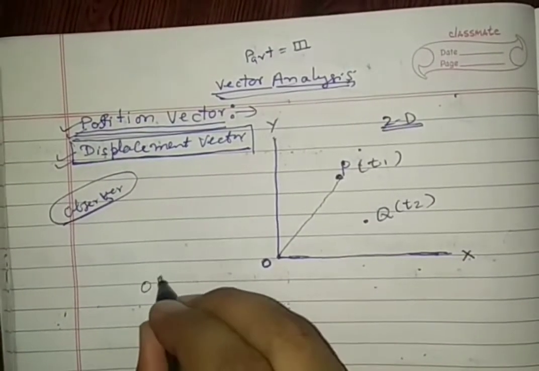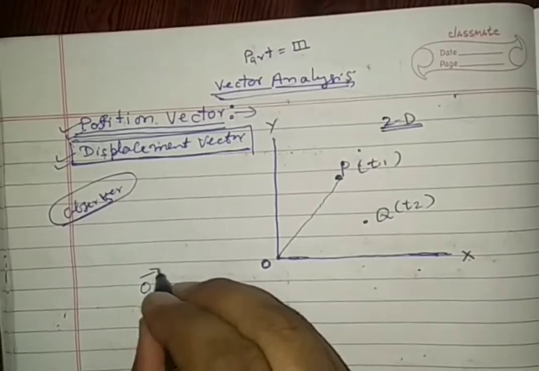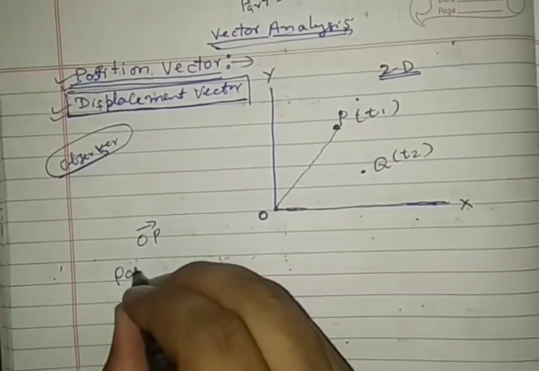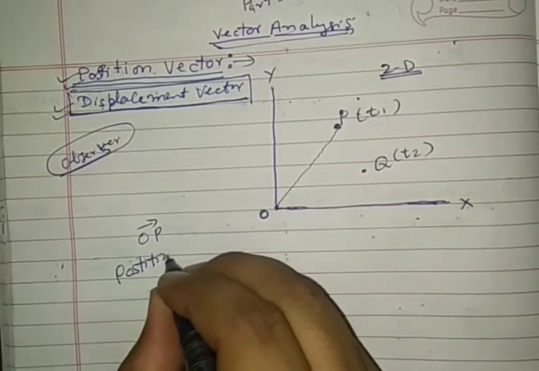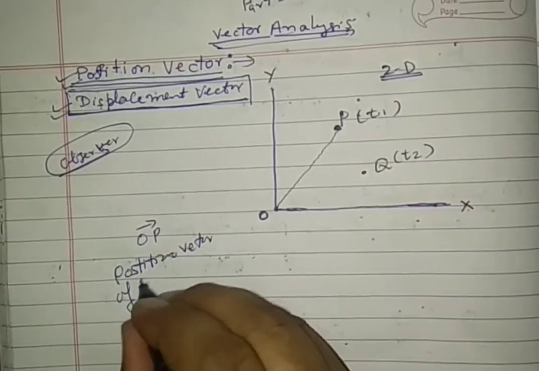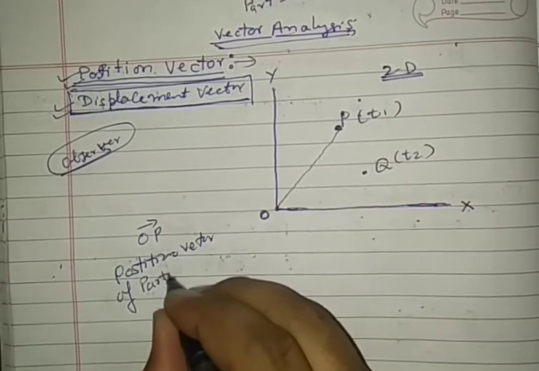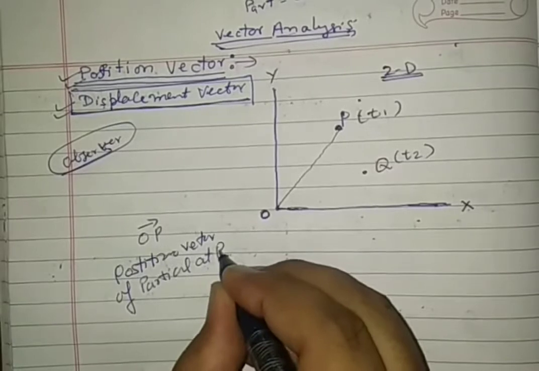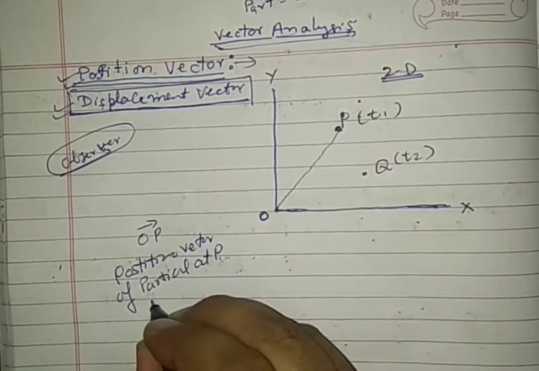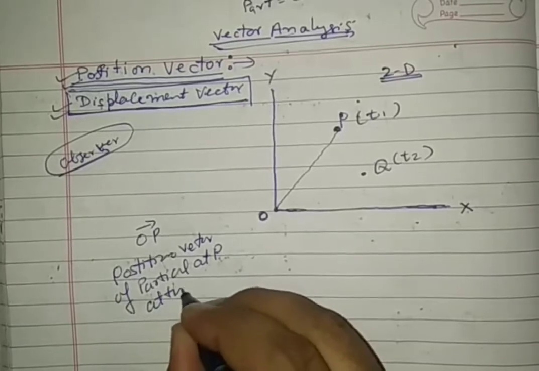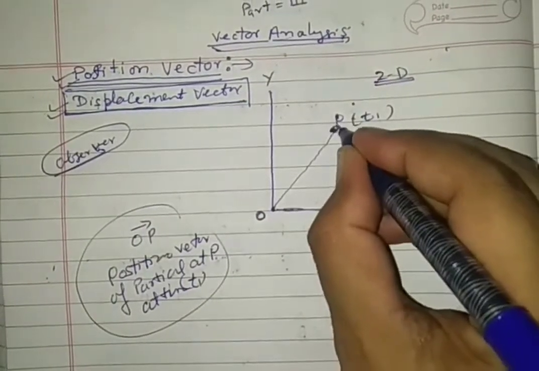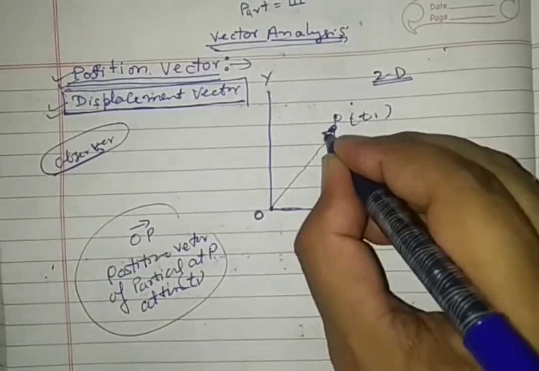This OP is called the position vector for the particle at P at time t1. This is the position vector OP.